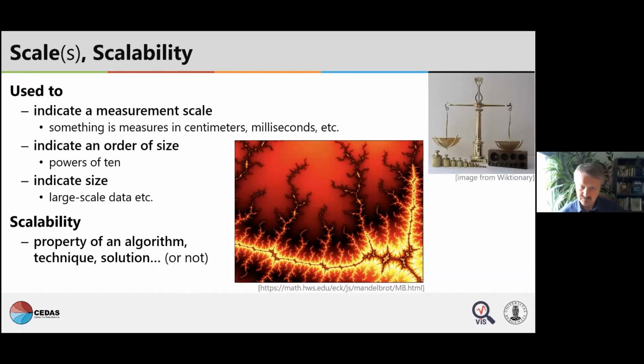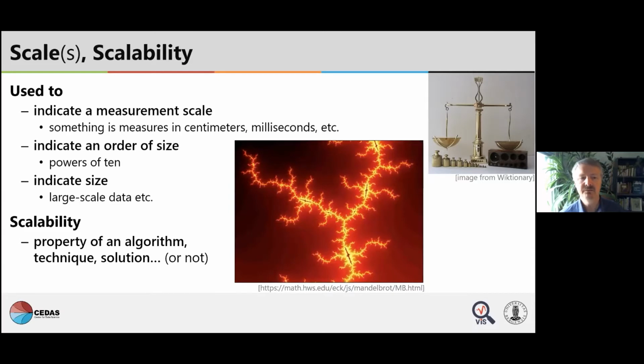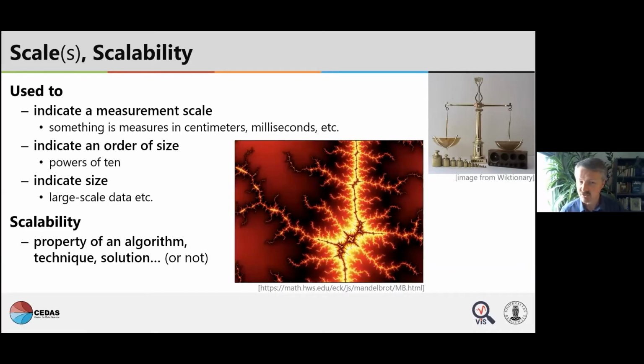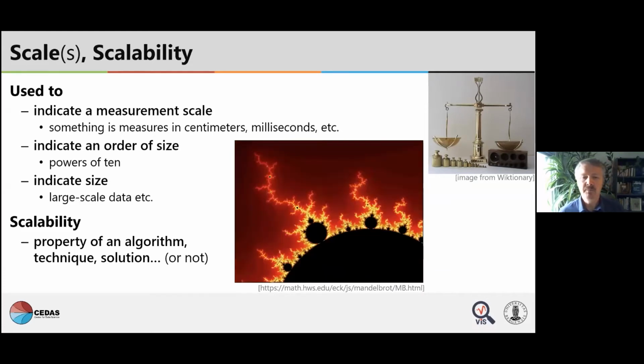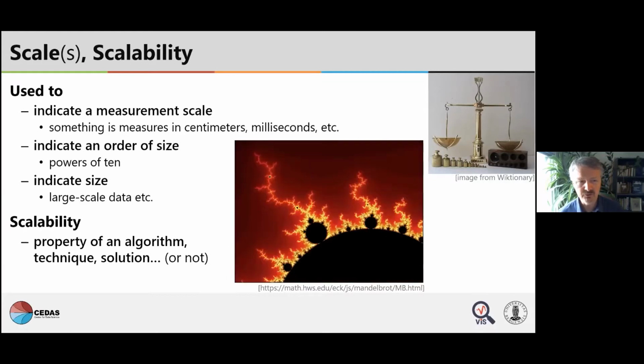We find it in different contexts. One is that we use it to indicate a measurement scale. We measure something maybe in centimeters or in seconds or in other terms. So a scale establishes an axis of reference for something that we want to talk about.